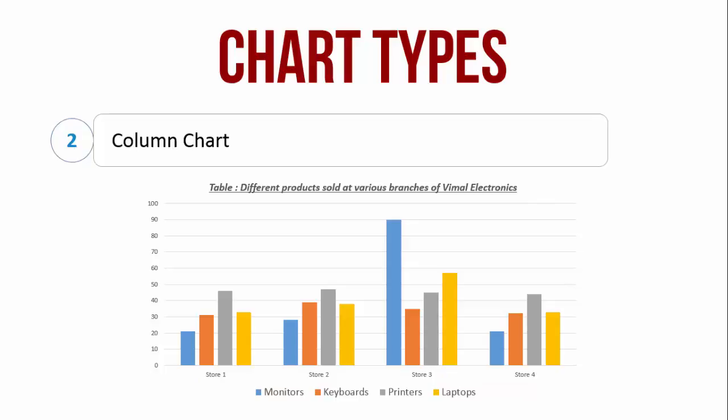Each chart has 2 axes. The axis along the bottom of the chart is called the x-axis. And the axis that is vertical is known as the y-axis.